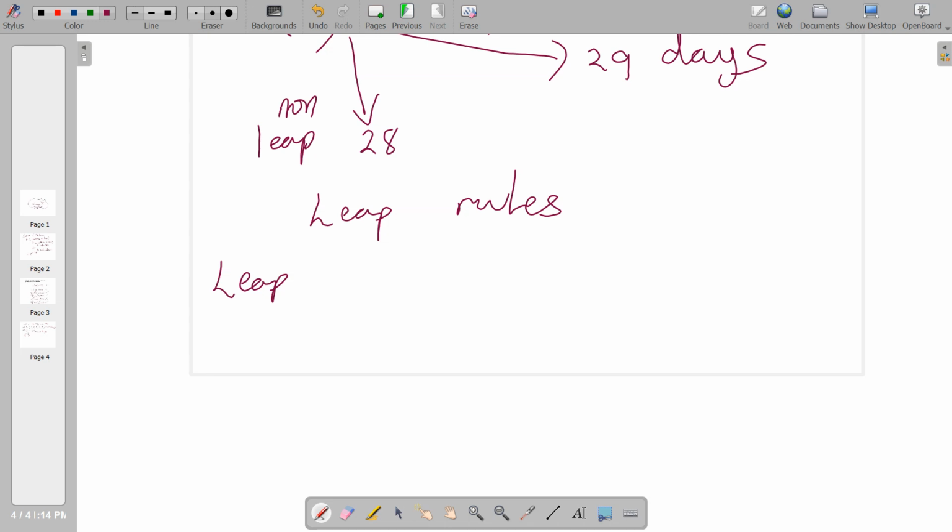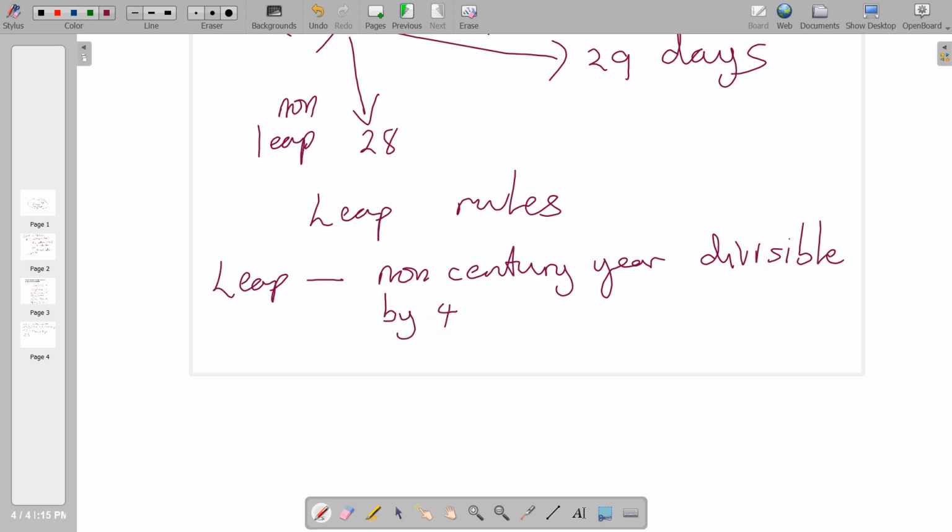So we have some rules with the leap year. Leap years happen in any non-century year that is divisible by 4. So what does that mean?